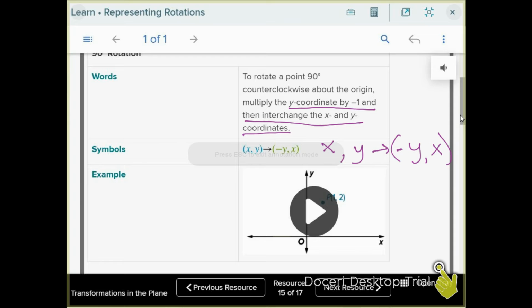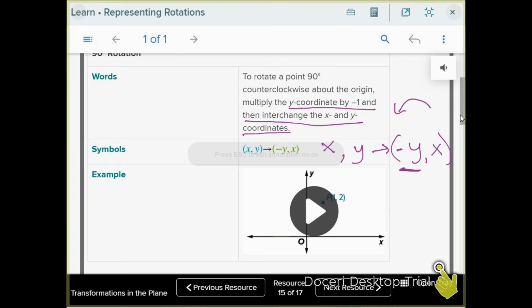So there are two steps to rotating by 90 degrees counterclockwise. First, you multiply the y-coordinate by a negative, and then we switch the two. I like to think of this as counterclockwise going to the left, and notice that the new left coordinate, which has switched, is the one that has the negative in it.